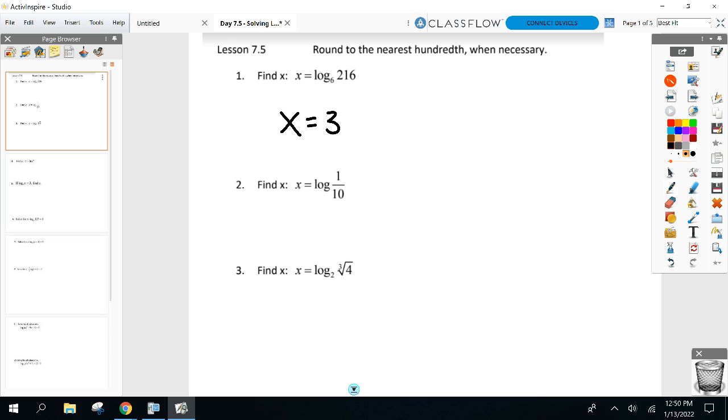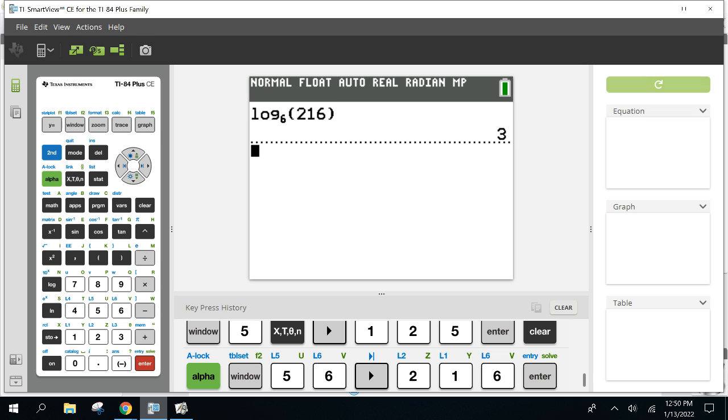On number 2, notice there's no little base here. You'll see that from time to time. If there's no base, we assume it is, anybody remember from last year? 10. You assume it's a 10. And if you don't want to go to alpha window, you can use the log button that we've been using, to the left of the 7. That is a base of 10.